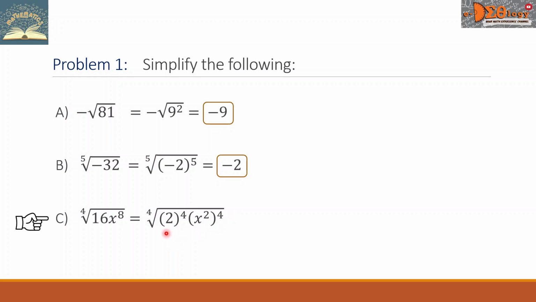Then we combine these terms with power 4. So that will be 2x squared raised to power 4. We have now a monomial raised to power 4, and this power 4 and the radical with index 4 will cancel each other. Finally, the answer is 2x squared.